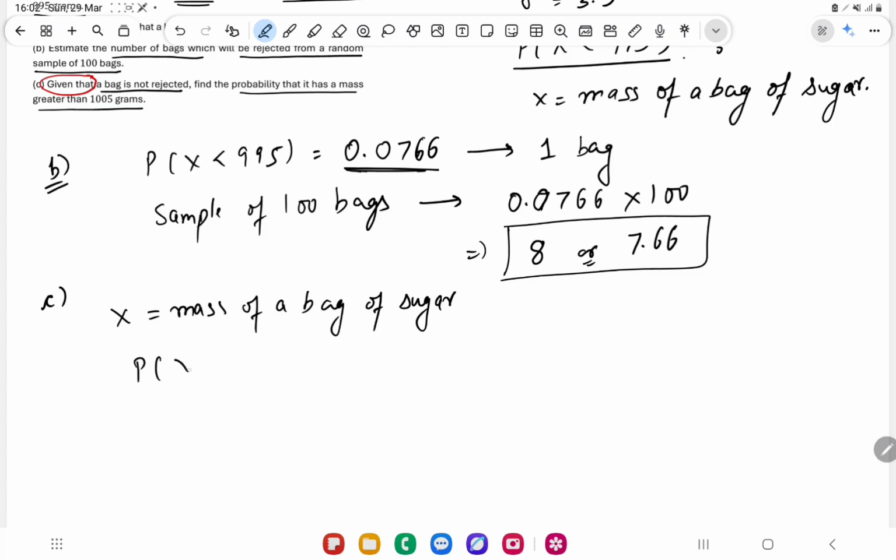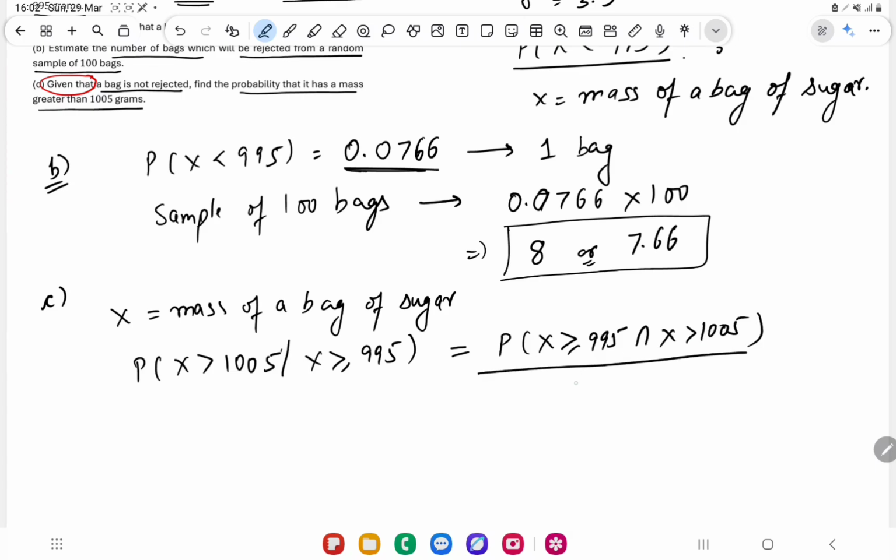So what we have to calculate is X is greater than 1005 such that X is greater than or equal to 995. I will be using my conditional probability formula: X is greater than or equal to 995 intersection X is greater than 1005, whole divided by X is greater than or equal to 995. In a way I can write this as X is greater than 1005 given that X is greater than or equal to 995.